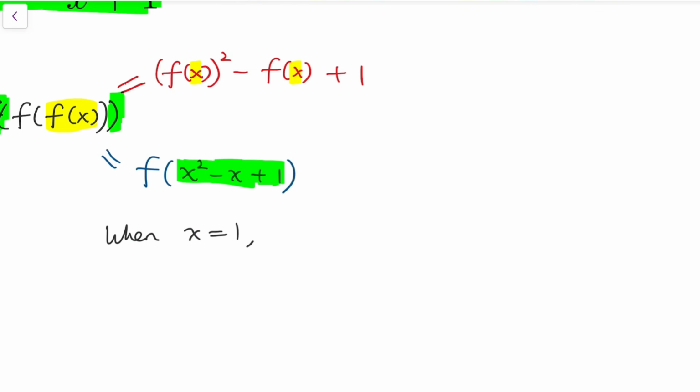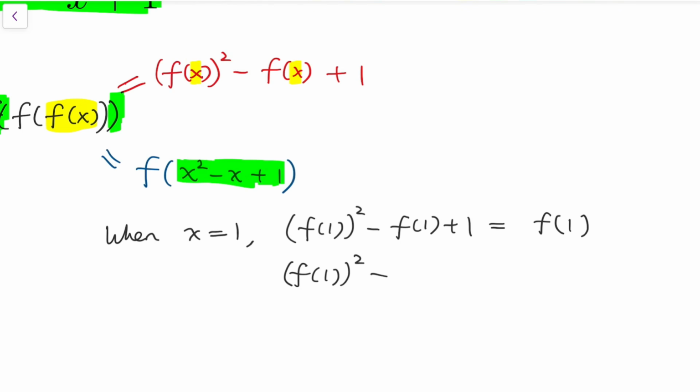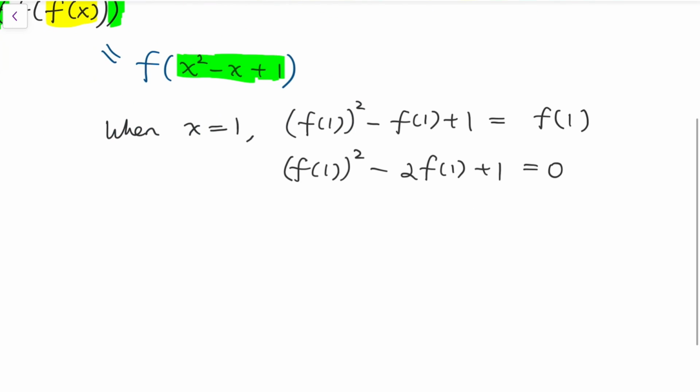When x equals 1, f of 1 all squared minus f of 1 plus 1 equals f of 1 minus 1 plus 1, which is also f of 1. That means I have a quadratic equation about f of 1. And by solving, we know f of 1, no matter what, is always equal to 1.